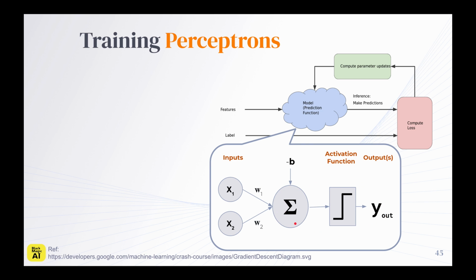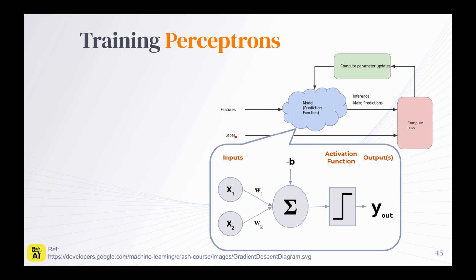We are using supervised learning here, so we already know what the expected output should be, and that's the label input you see here. So we have our features from our data set coming into our model, going through our inputs, our summation, our activation function to get a final output y, which we call an inference or a prediction.